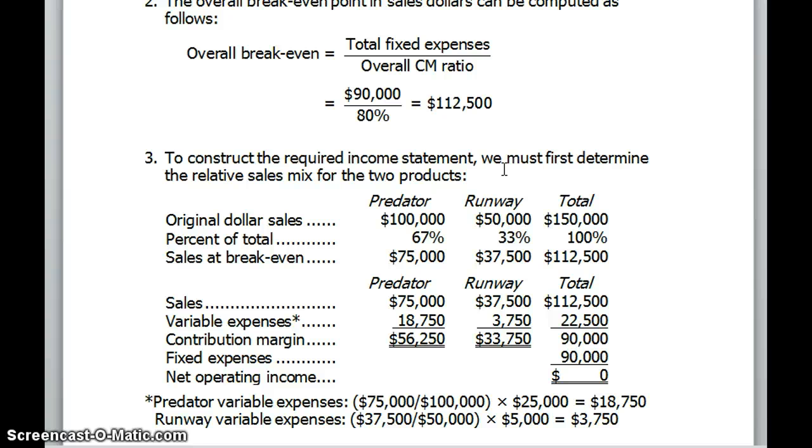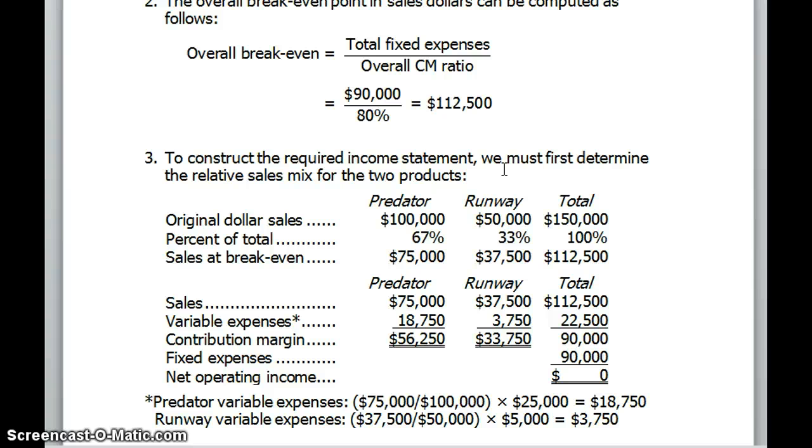Predator sales divided by total sales is 100 divided by 150, so 67% of all sales are attributed to the Predator computer game. Runway's $50,000 divided by total sales of $150,000 gives 33% of all sales.